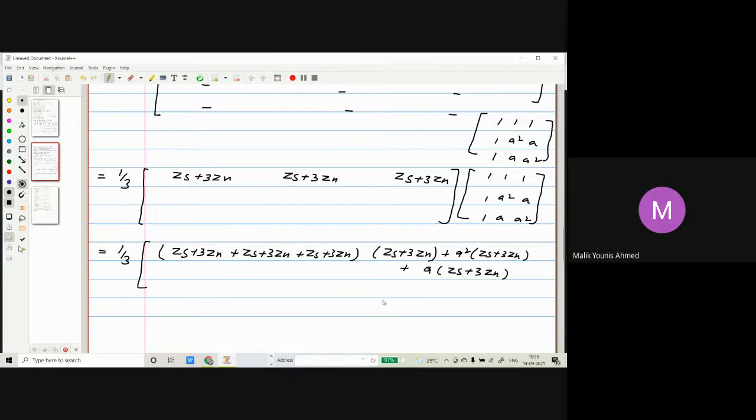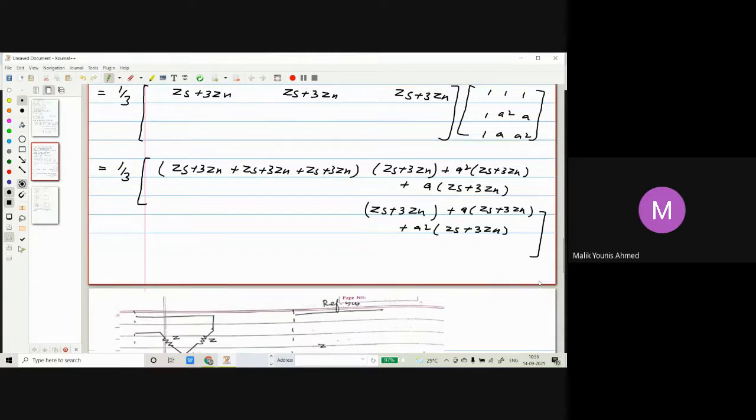The third entry of this row will be Zs plus 3Zn plus A times Zs plus 3Zn plus A square times Zs plus 3Zn. So this becomes the complete first row.